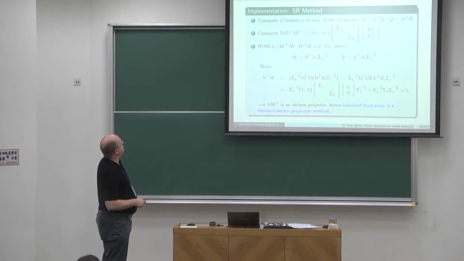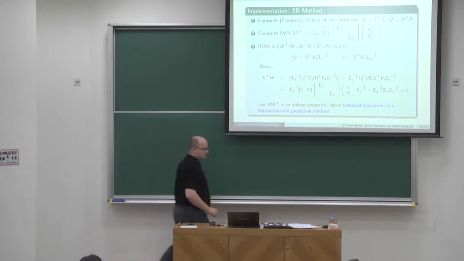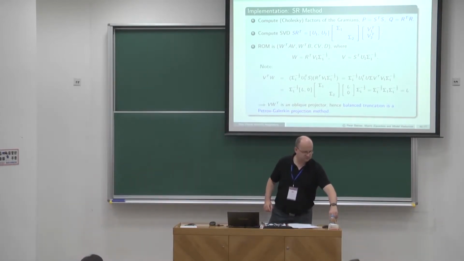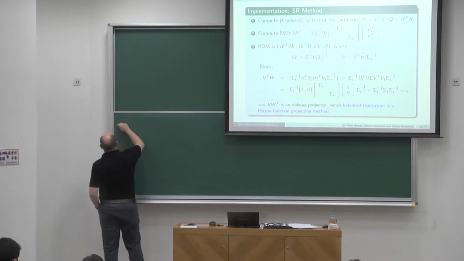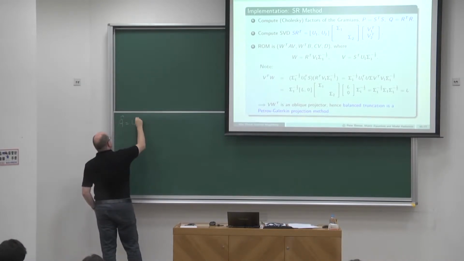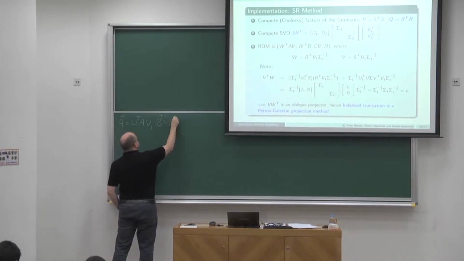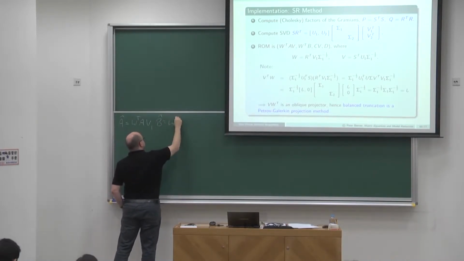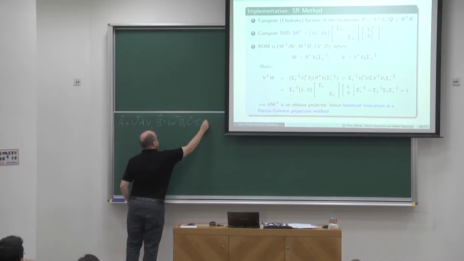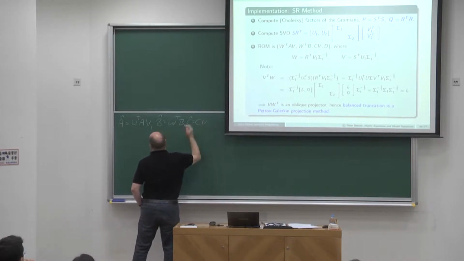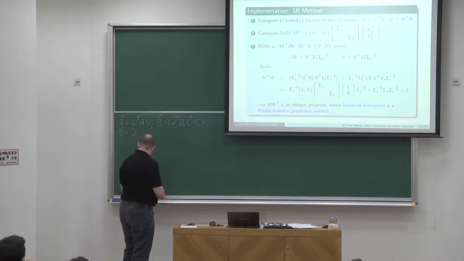And I forgot to write down now, of course, the reduced order model is, as always, this thing here. And D hat is not changed. So that's the usual thing.